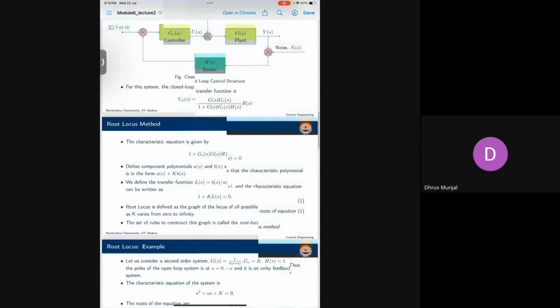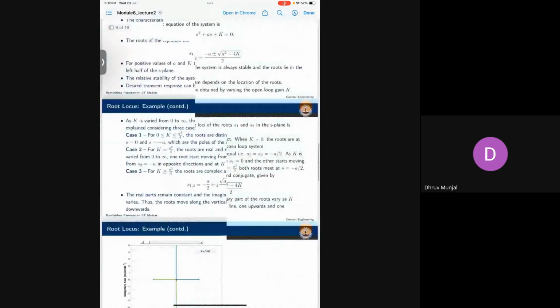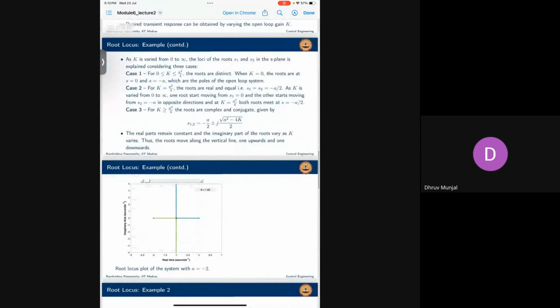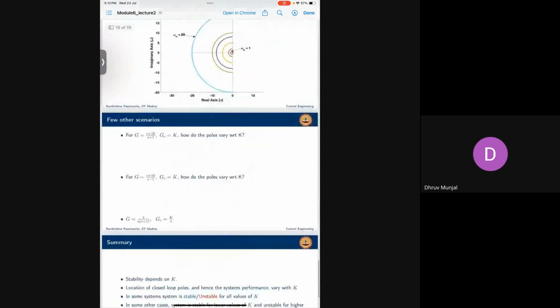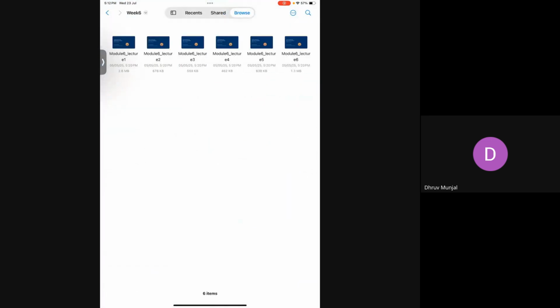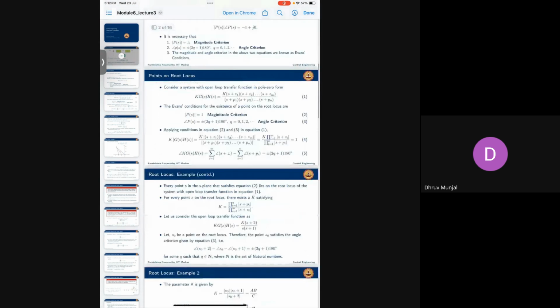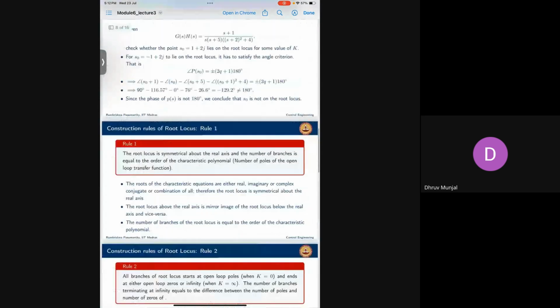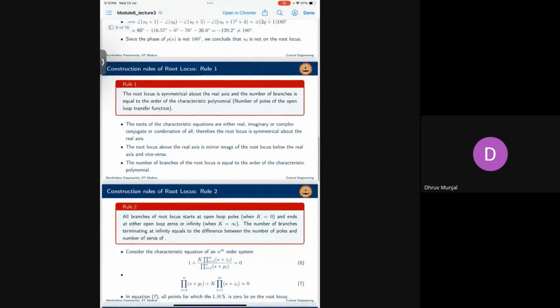So, in the presentation, they have given a few examples for explaining each and every point. We'll start with rule 1. Rule 1 suggests the root locus is symmetrical about the real axis and the number of branches is equal to the order of the characteristic polynomial, or the number of poles in the denominator.